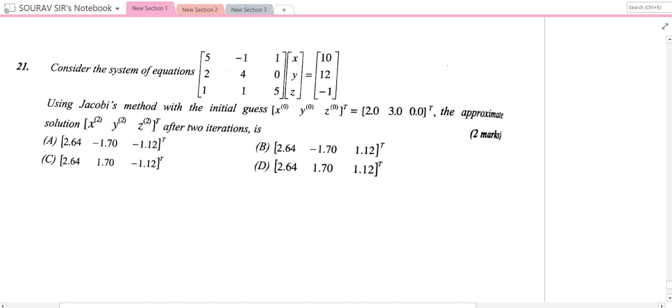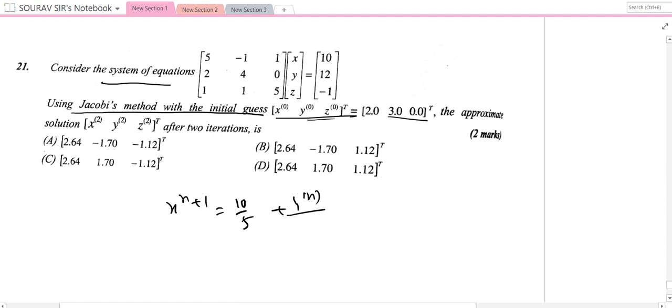Next one is: consider the system of equations using Jacobi's method with the initial guess of this thing to approximate the values of these three. So this is a pretty direct one. So x of n plus 1 is 10 plus 5 y n by 5 and z n by also 5.